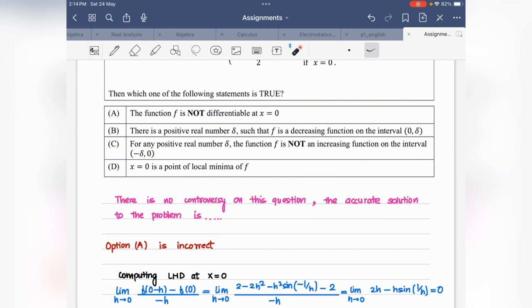The next option was: there is a positive real number delta such that f is a decreasing function on the interval (0, delta). So if you take the right neighborhood of 0, you have to show that it is not a decreasing function, that is, the derivative of the function is not non-positive in any right neighborhood of 0.